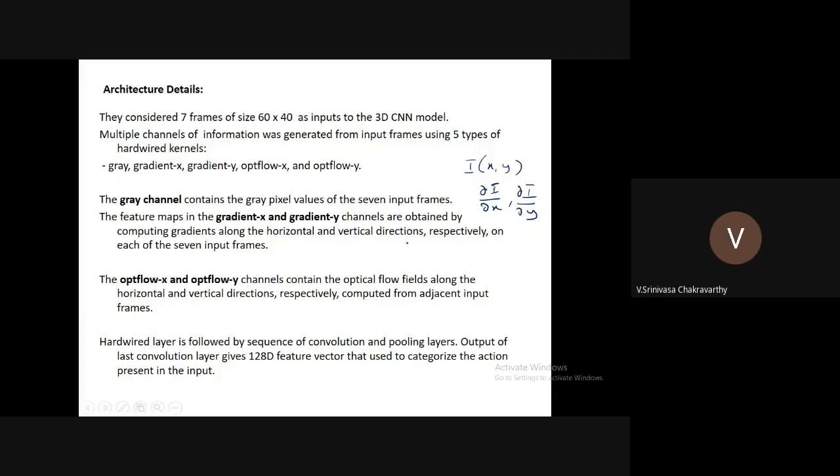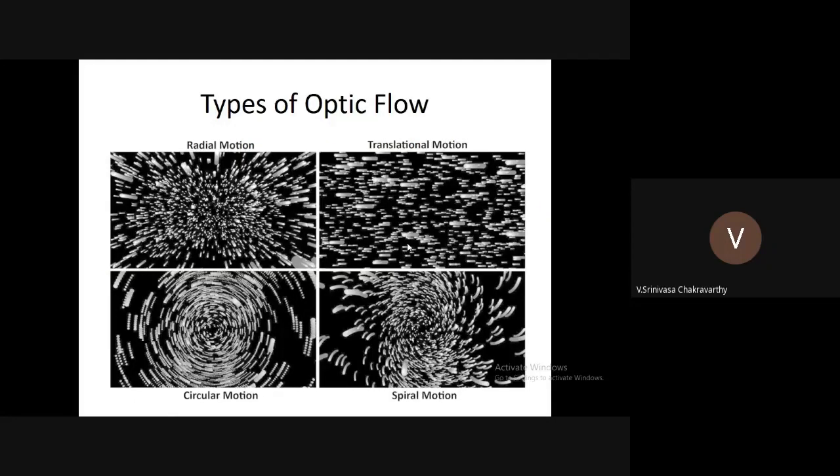Then they also compute optic flow, right, again in X and Y directions. So optic flow refers to global motion seen in an image because of self motion, because of the motion of the observer. That is the original definition of optic flow. You might have seen these kinds of images in your Star Wars movie series, right, where the spacecraft suddenly goes off at close to light speed, and you see all the stars coming towards you.